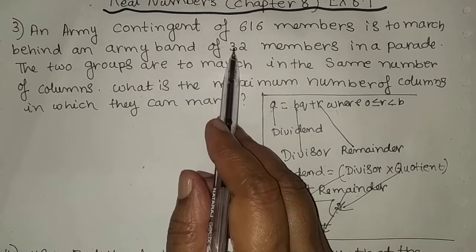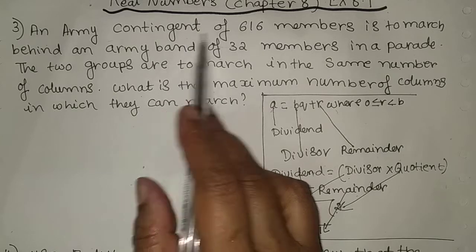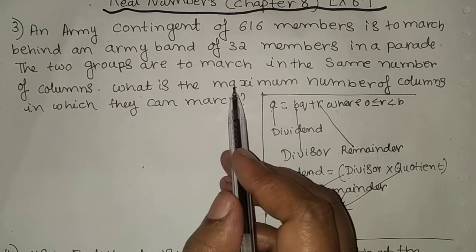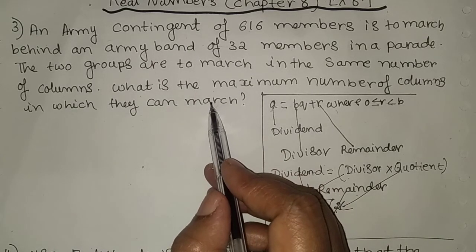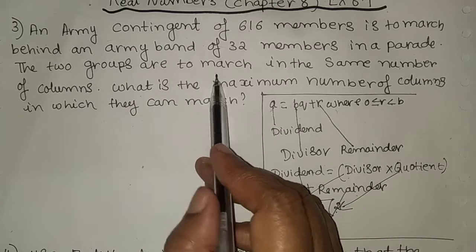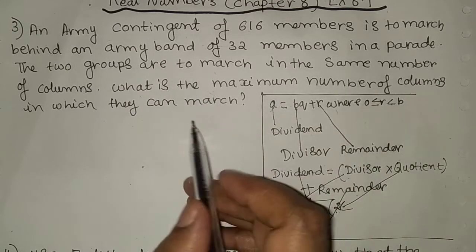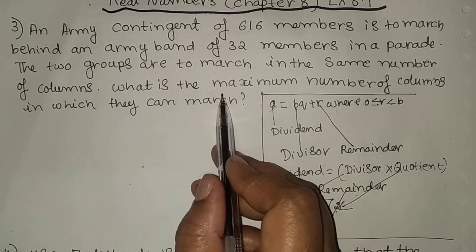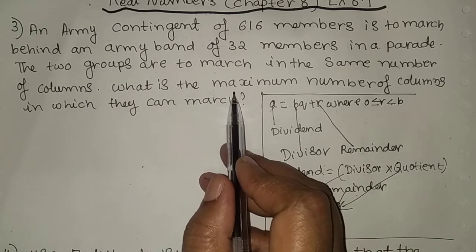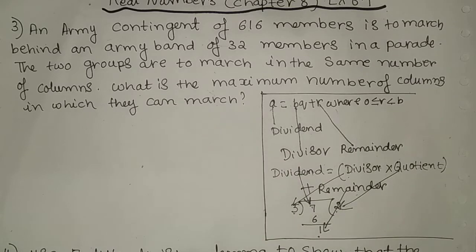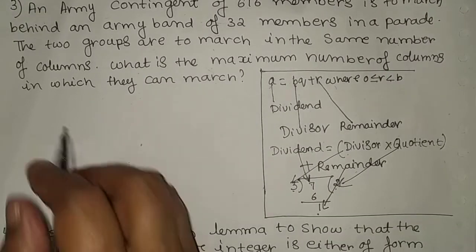So there are two groups. One contains 616 members and the other is a band group of 32 members. These two groups have to march in the same number of columns. In the question they have asked the maximum number of columns in which they can march.